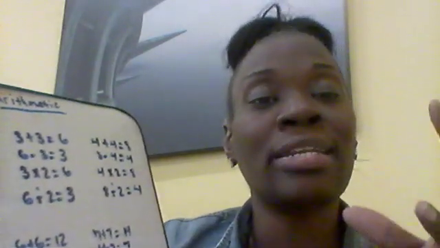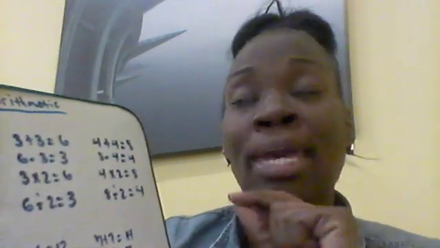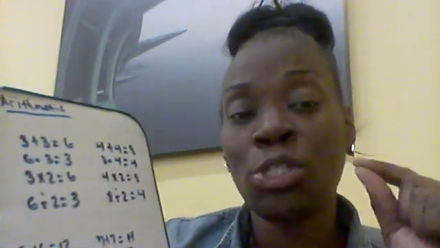Whether I call them addends or factors, the numbers are the same. That's important because as you get to more advanced math, you're going to recognize the relationship between these numbers and use your mental math to solve your problems. It's kind of like a review and an introduction all together.